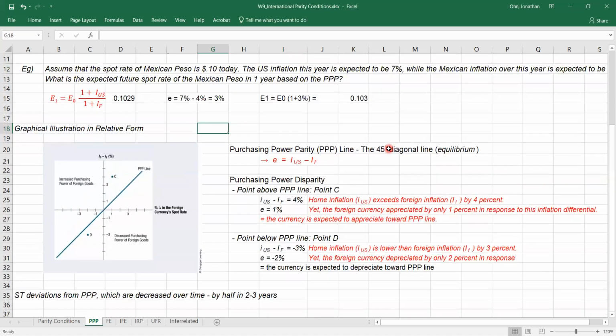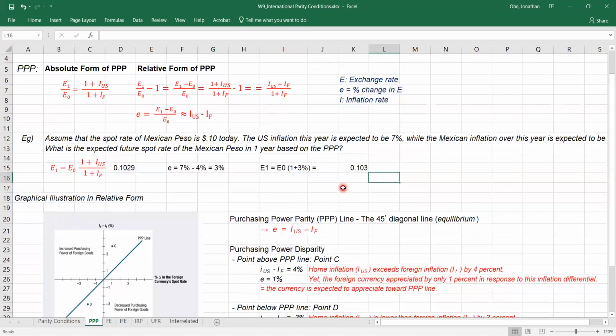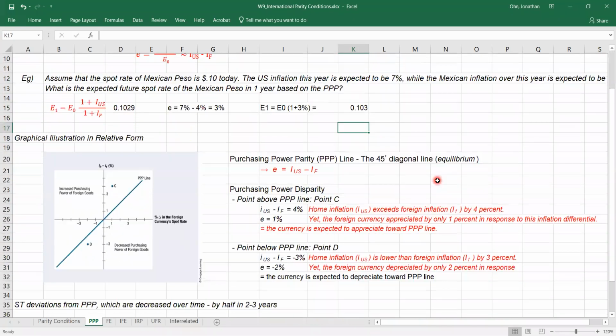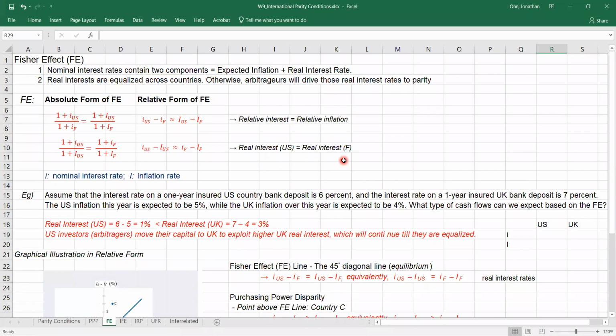All right. So this is an abstract discussion or illustration about purchasing power parity. I think you have a pretty good idea now, right? Future effect. The good idea is that nominal interest rate contains two components: expected inflation plus real interest rate.